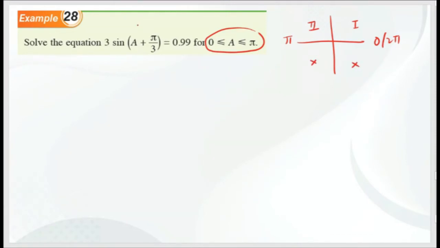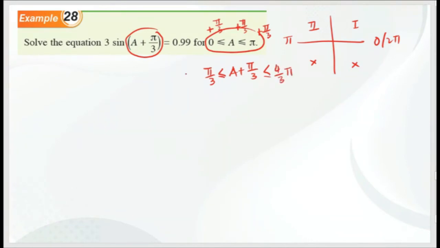Now another thing is the angle here is a plus pi over 3. So here you need 0 plus pi over 3, and pi plus pi over 3. So the angle you want will be in between pi over 3 and 4/3 pi.